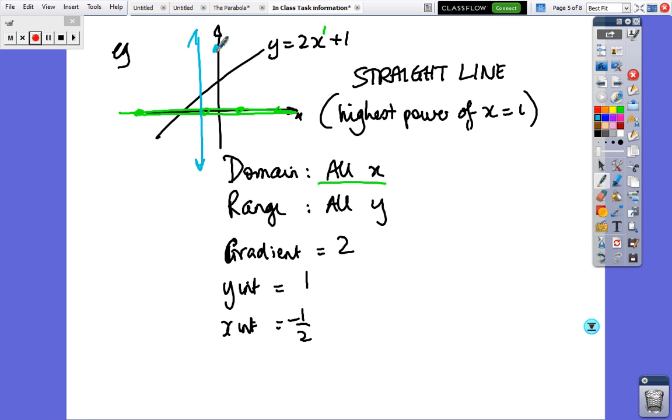I can have positive y's, y equals 0, negative y's, so the range is all y. In this particular case, the gradient is 2, the y-intercept is 1, and I calculated the x-intercept by just putting y equals 0 and solving that. So that's all you can say for that one.